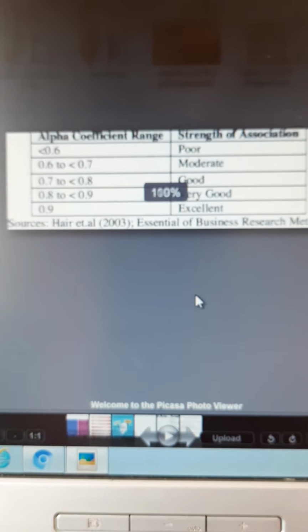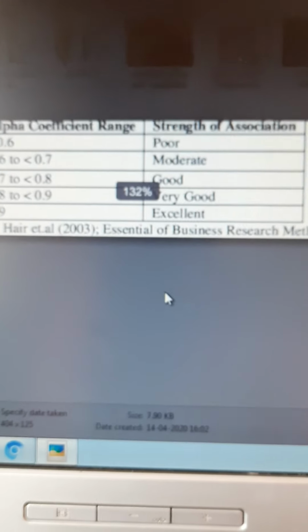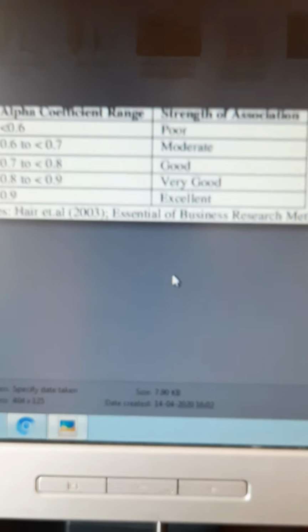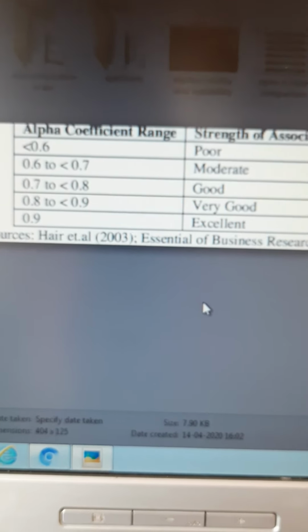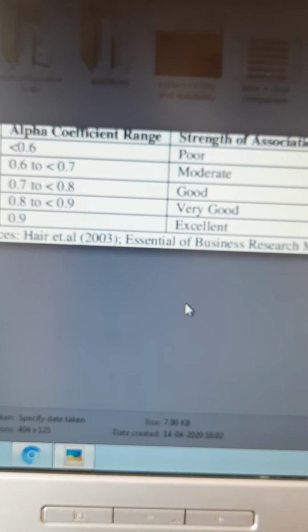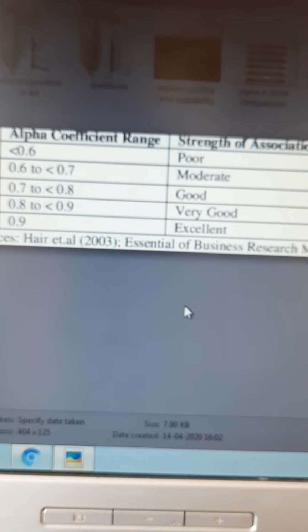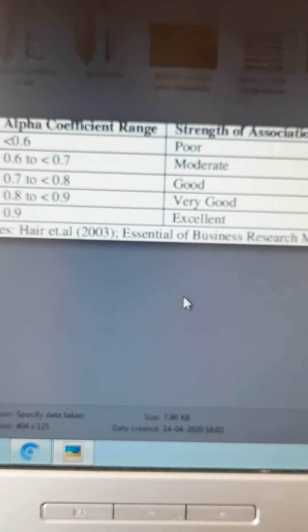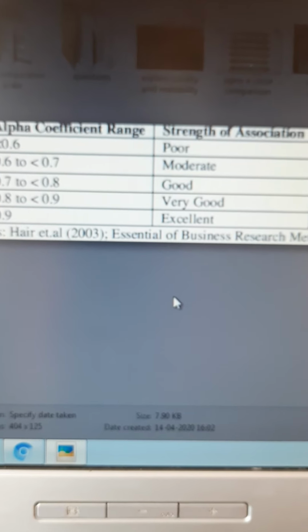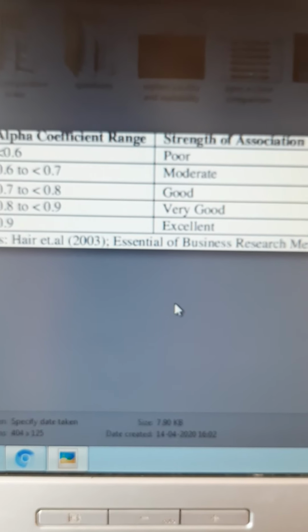Okay, so now we will see what is a very reliable value and what is a reliable strength. Okay, look at this. If it is anywhere between 0.9 and 0.99, if your reliability is that, then it is excellent.